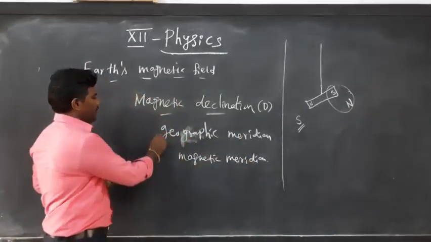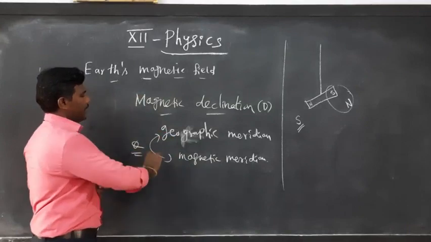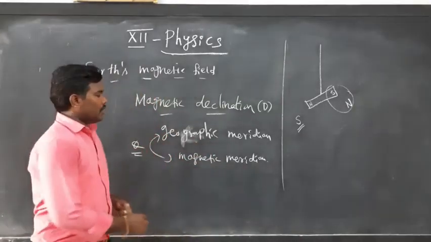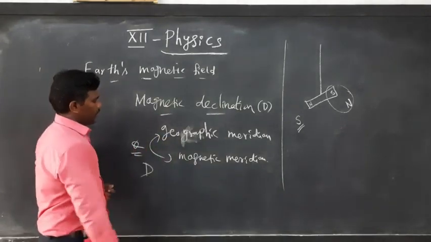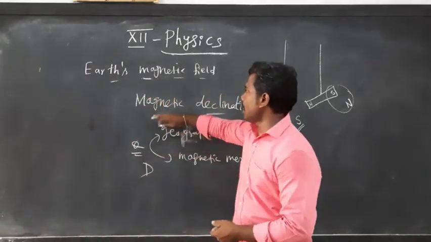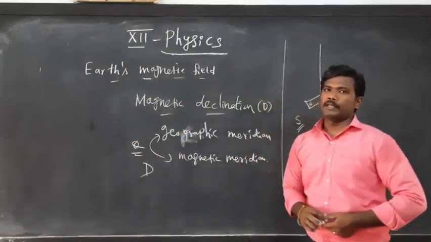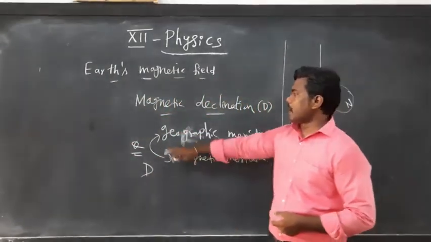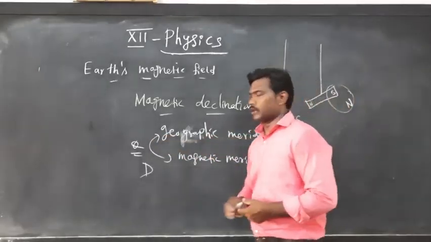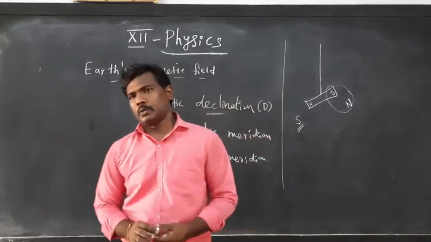Simply, we call it the difference. That angle we denote by the letter D. So D is called the declination or magnetic declination. The statement for the declination is the angle between the geographic meridian and the magnetic meridian. This is one very important 2-mark question.